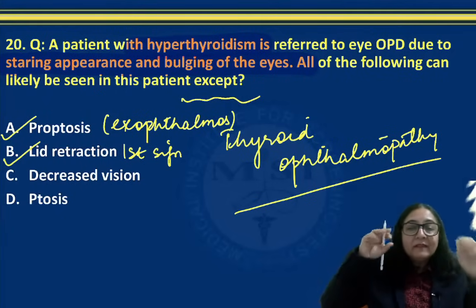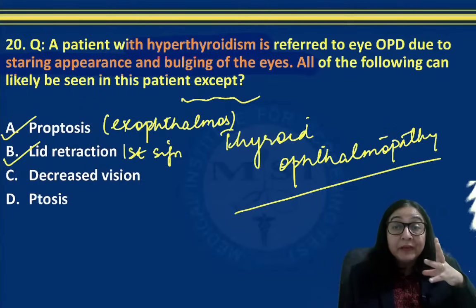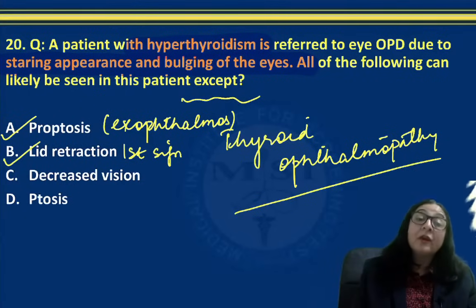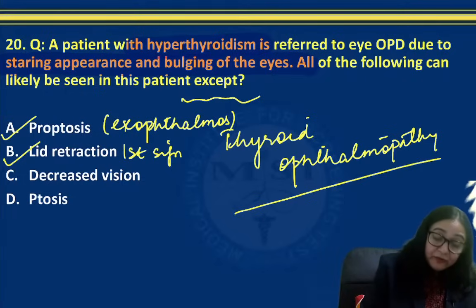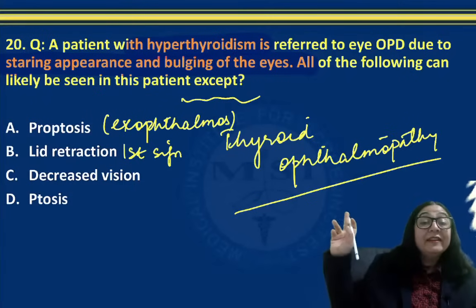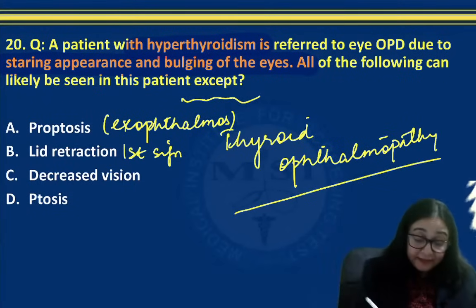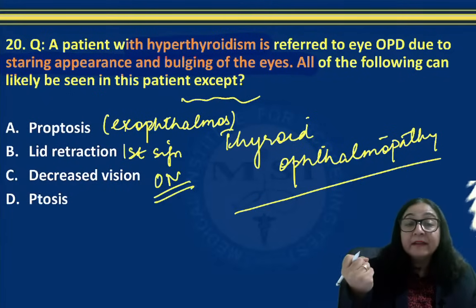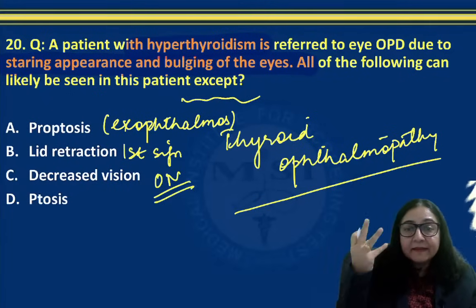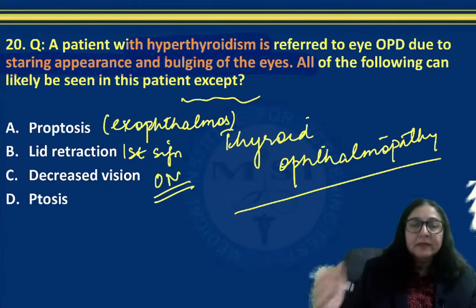Then you can have this staring appearance as if the patient is constantly staring at you. That's called Kocher sign. Decreased vision, yes, decreased vision, let me just correct here. So decreased vision can occur because of the optic nerve compression. So if the optic nerve gets compressed because of the excessive tissue in the orbit, that can cause decreased vision.